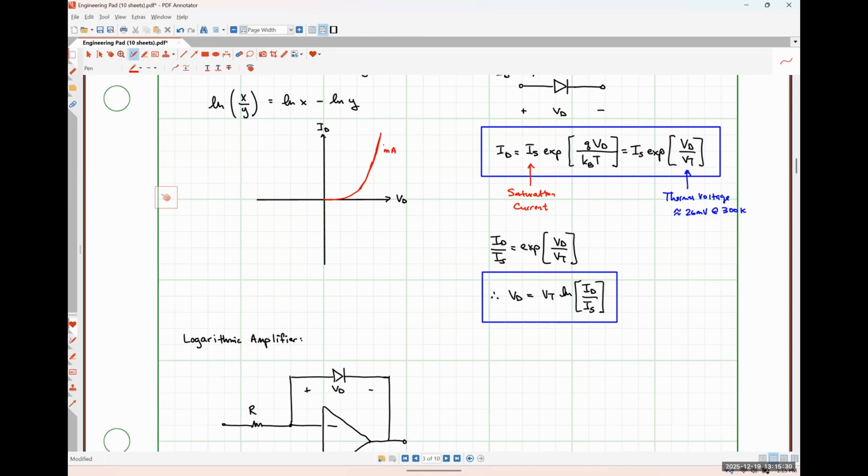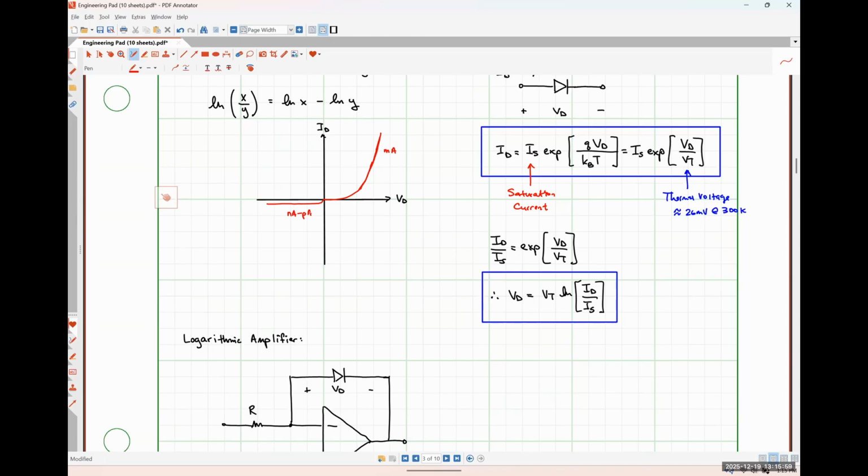Okay. If we were to reverse bias our diode, we're still going to see some amount of current flowing, but it's going to be very, very small. Okay. So we would have a curve that looks something like this, but over here, this is typically in nanoamps to picoamps of current.